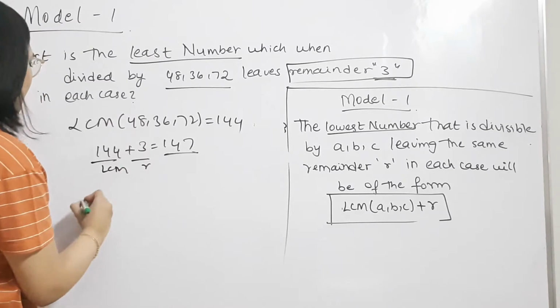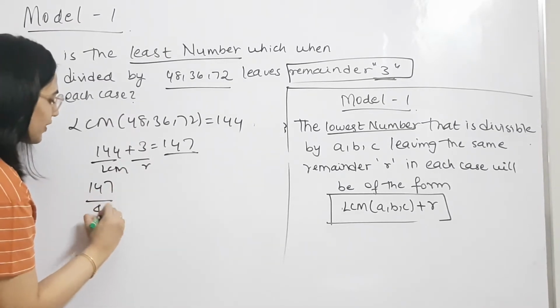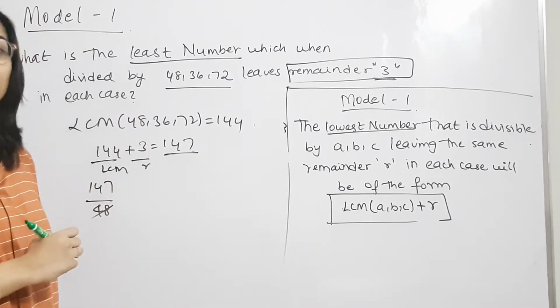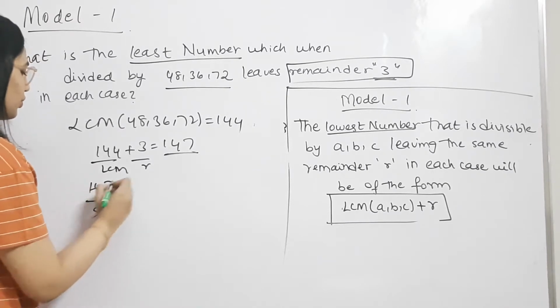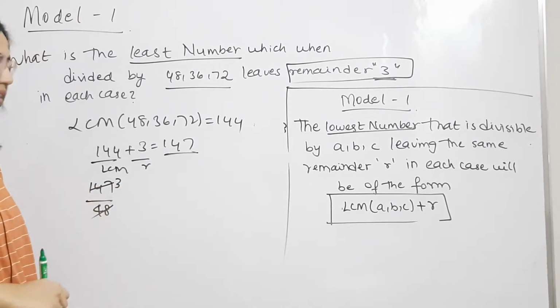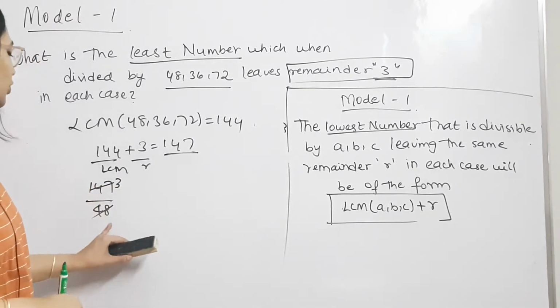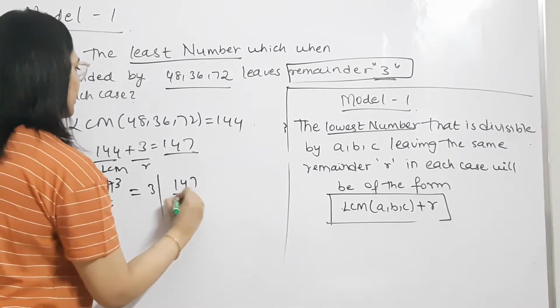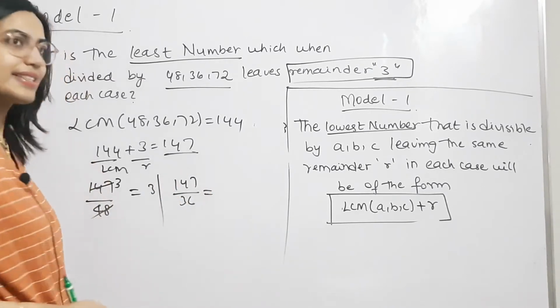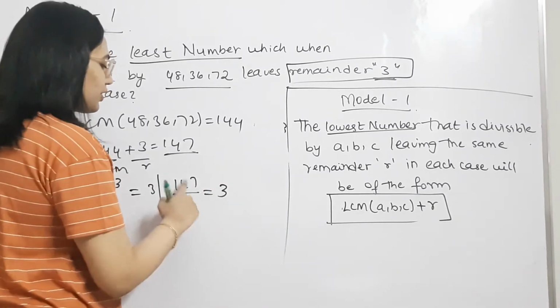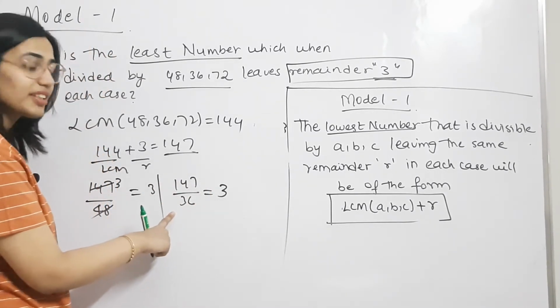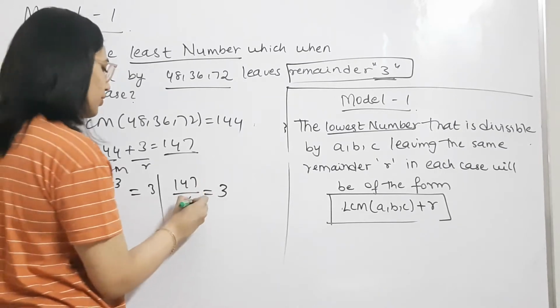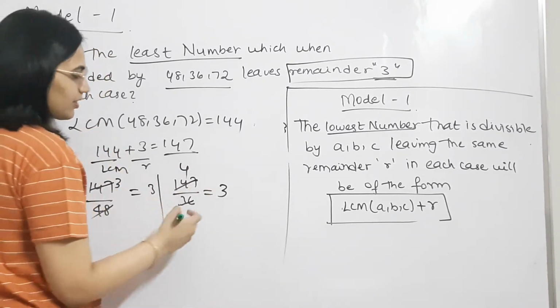Now check yourself. If 147 is divided by 48, what do you get? You know for a fact 48 threes are 144. So the remainder is 3 here. Then if you divide 147 by 36, you get 36 fours are 144, and you get remainder 3.